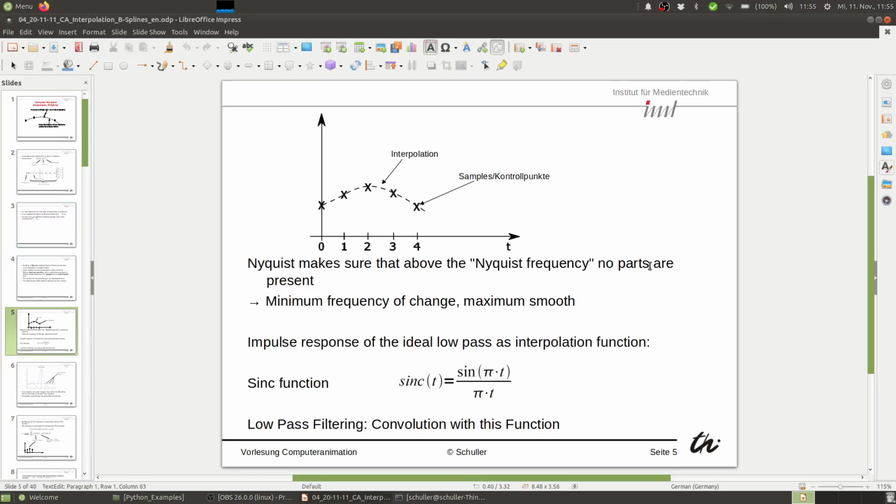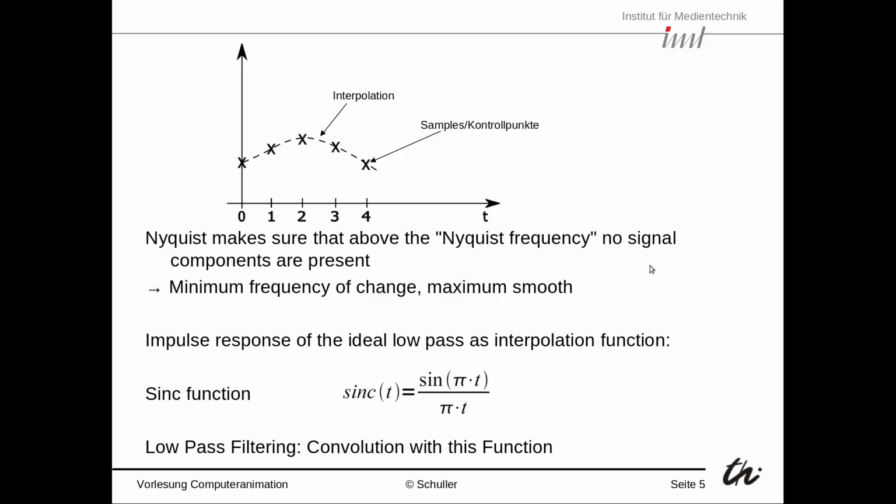So that means we have a minimum frequency of change and a maximally smooth curve. This interpolated curve, the dashed line, is maximally smooth, which means it doesn't jump in between those control points, which is exactly what we want. We want to have a smooth interpolation here.